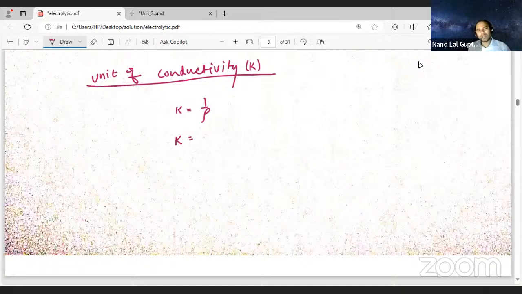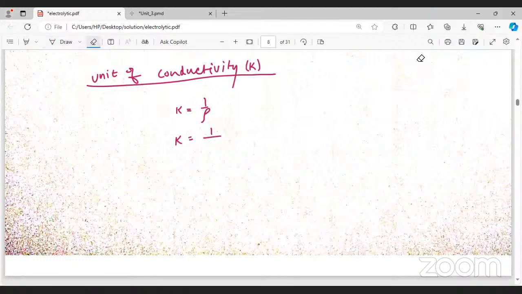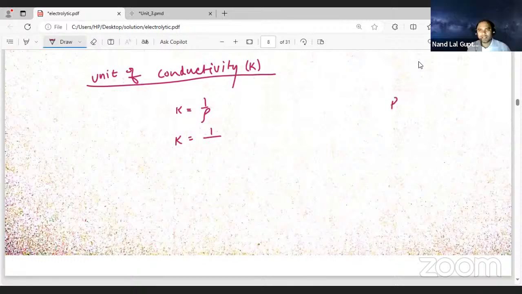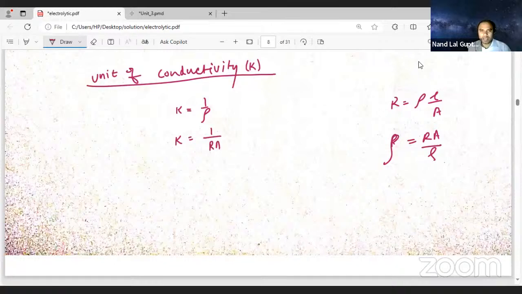Let us derive in the proper manner, otherwise you will get confused. R is equal to rho L by A, so rho is equal to RA by L.